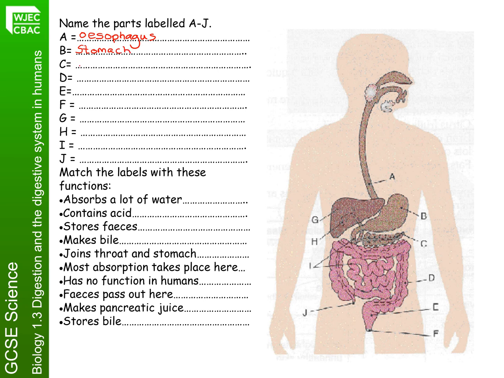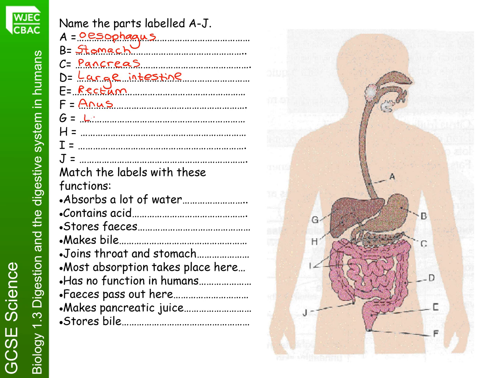C is the pancreas. D is the large intestine. E is the rectum. And F is the anus.